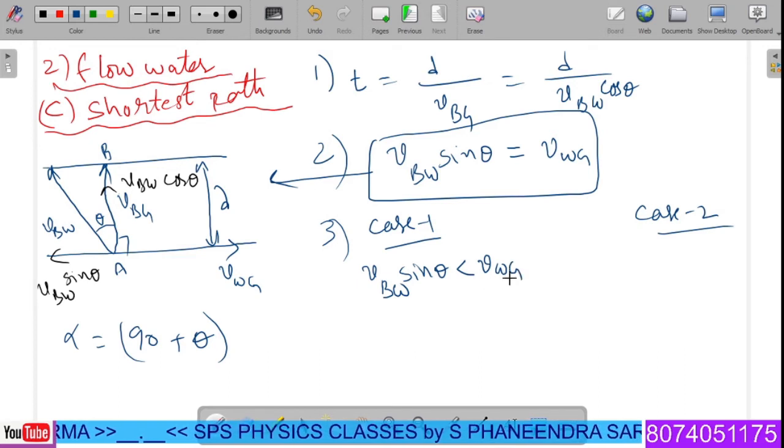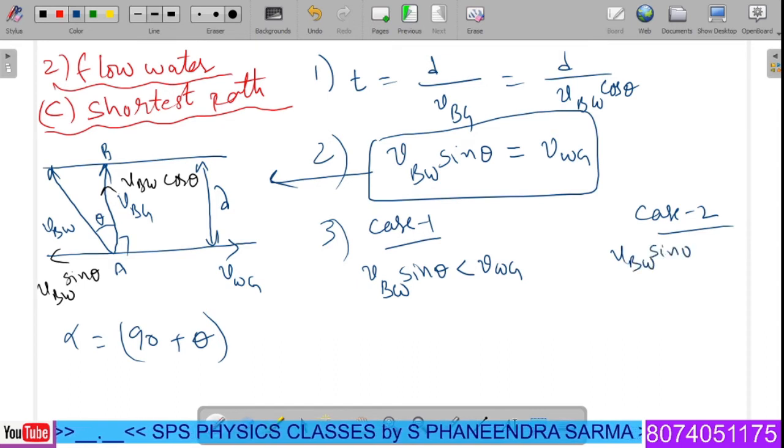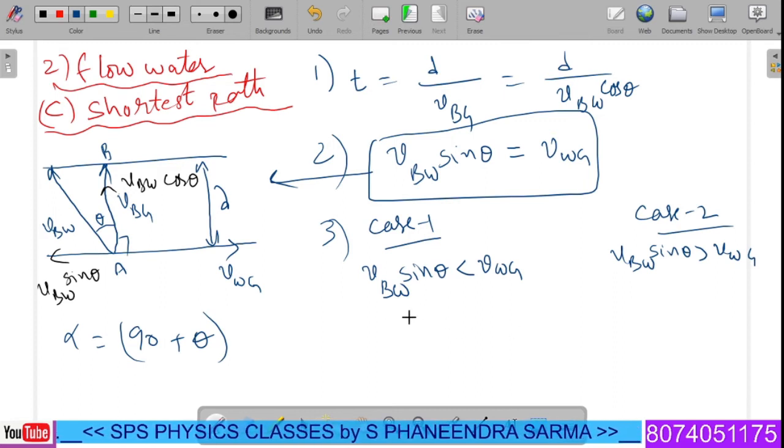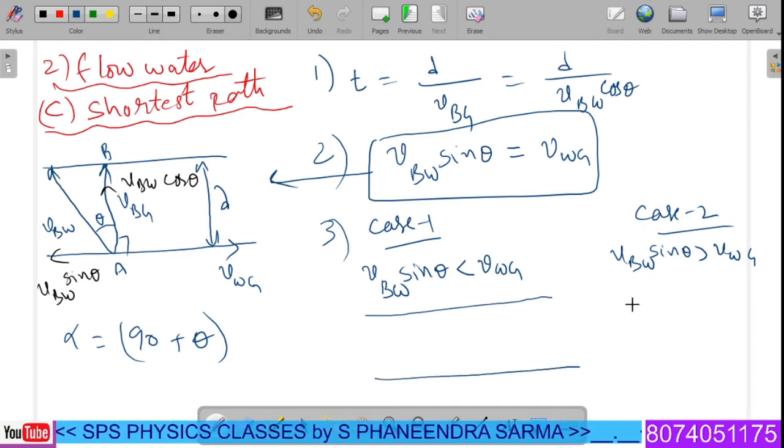That means the river flow suddenly increases here. In the next case, the velocity of boat relative to water, sine theta, is more than the velocity of water relative to ground. Then under such a case, what happens? So you have to imagine two cases like this.